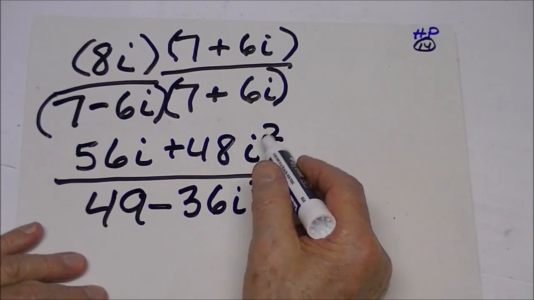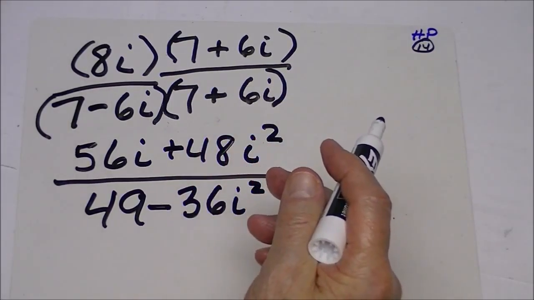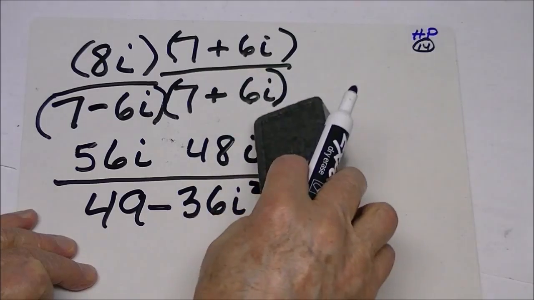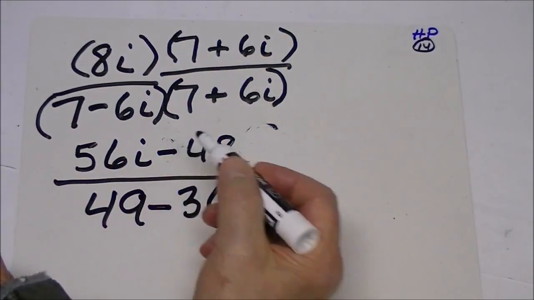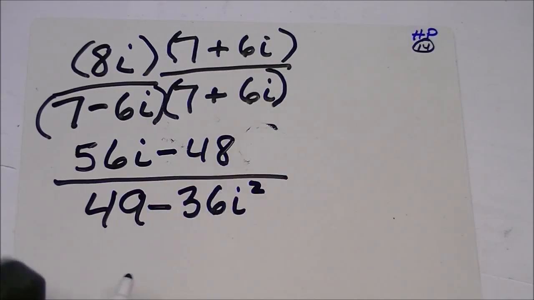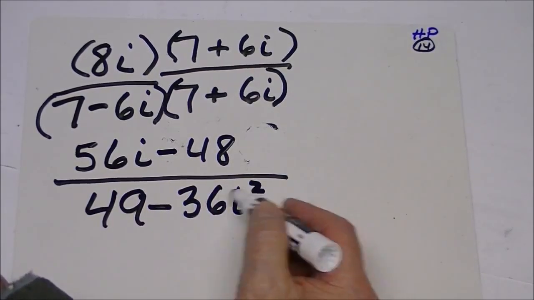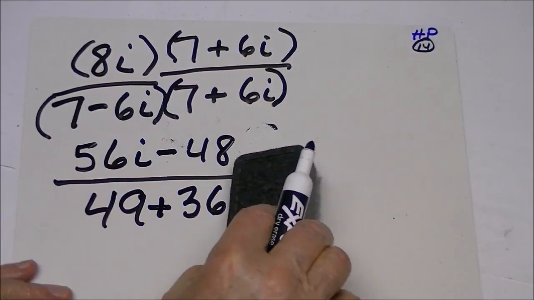So this i squared is a negative 1. So this is going to become a negative 48. And this i squared is a negative 1 times a negative. We'll make this a positive.